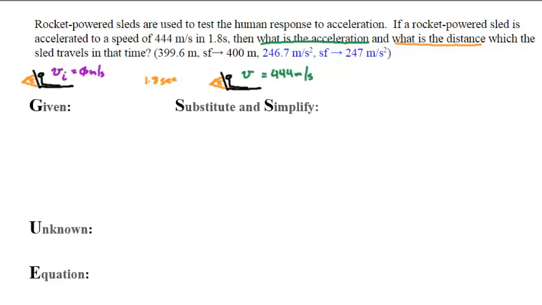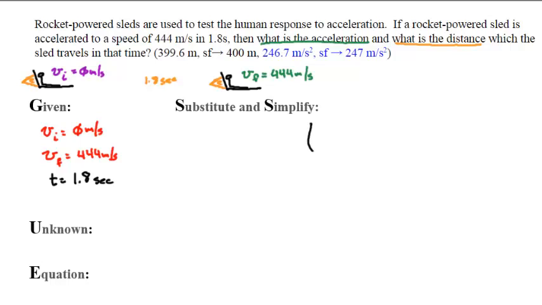This is an initial velocity, and this is a final velocity. Since I'm working in the x-axis, I'll put it in red. My initial velocity equals 0 meters per second. My final velocity is going to be 444 meters per second. And because time does not have a direction, I'm going to write that in black, 1.8 seconds.